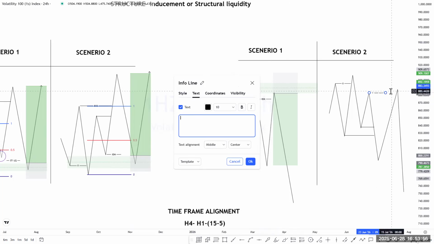Identify our sweep. Then the next thing we're going to identify now is our inducement. So this becomes our inducement, right?